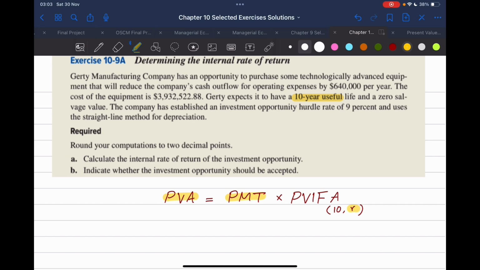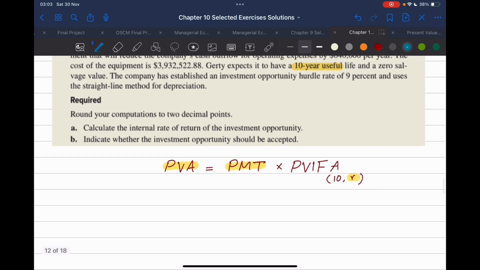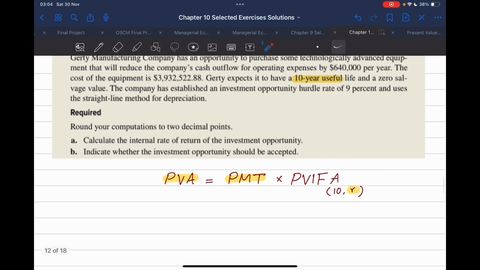Let me substitute first. What is unknown here is this portion, and it's only unknown because we don't know the rate of return. We know the expected life of the investment is 10 years, but we don't know the rate of return. But we know the payment, or the annuity amount, and we know the present value of the annuity.